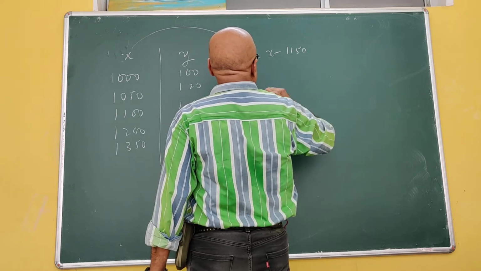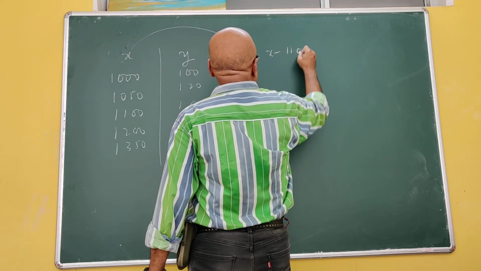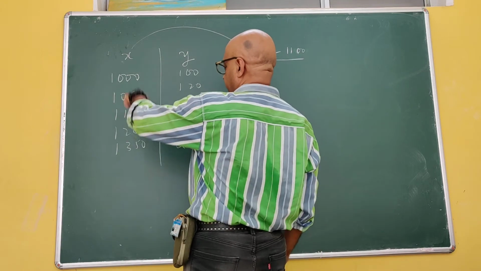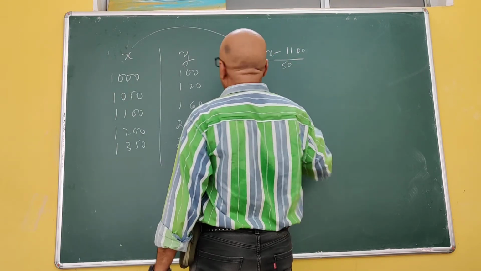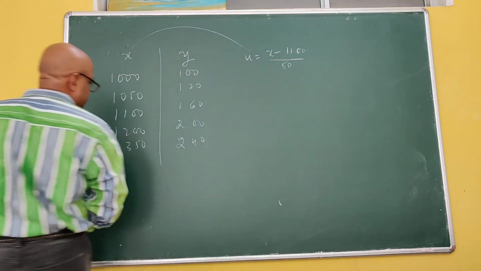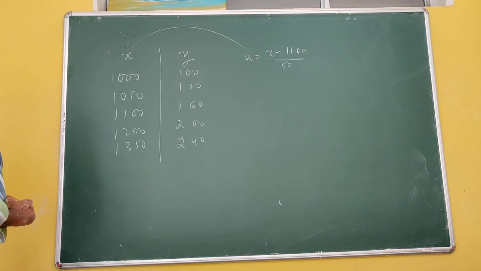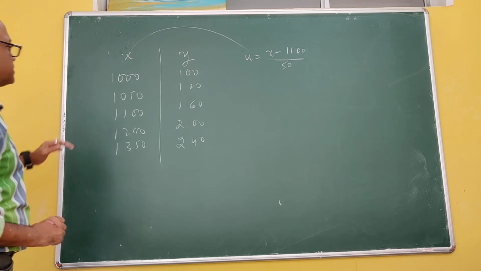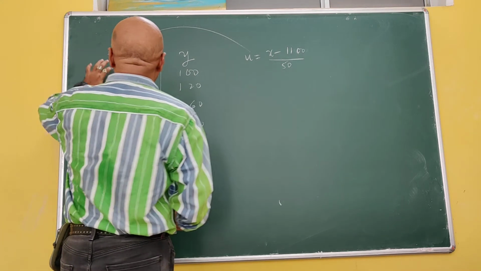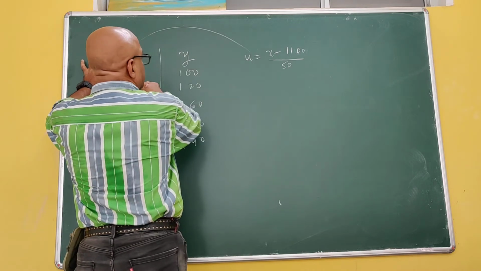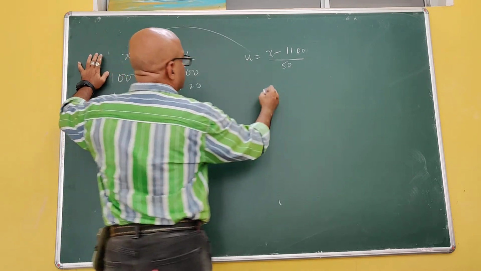I just subtract this and divide by 50. You must be careful to divide by a number that will not give fractions. We avoid fractions because the calculation must become simple.